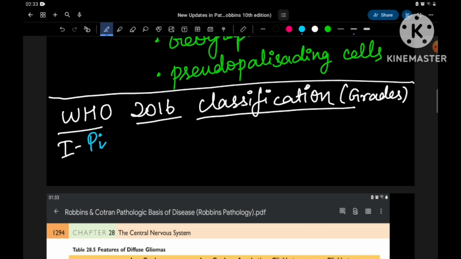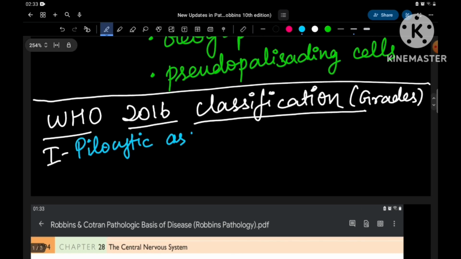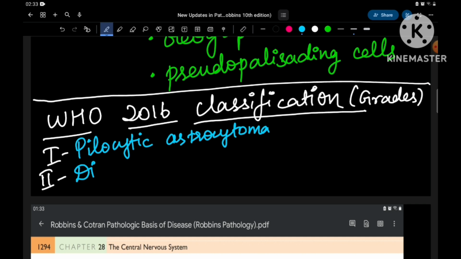First one is pilocytic astrocytoma. Second one was diffuse fibrillary astrocytoma.